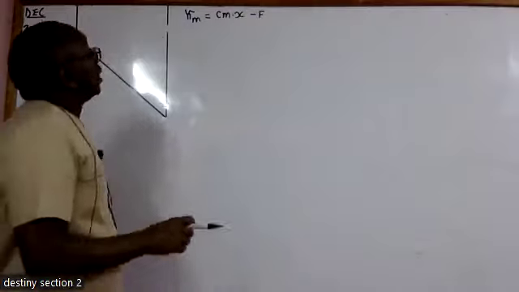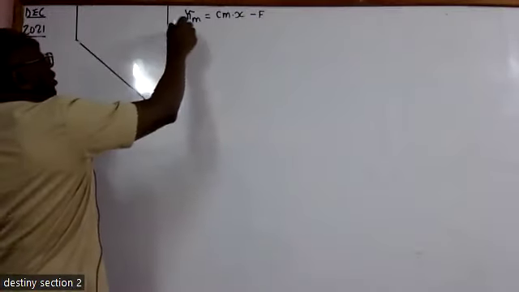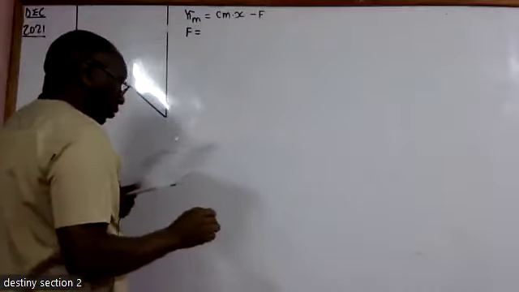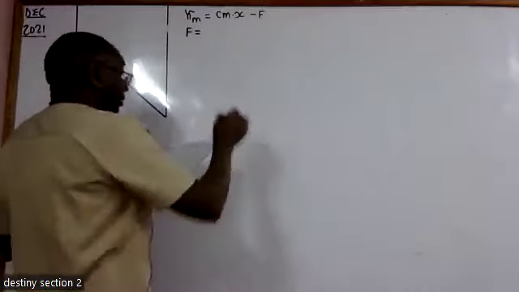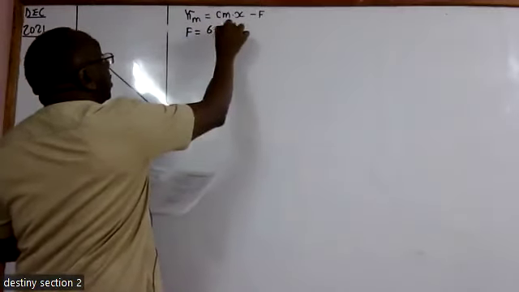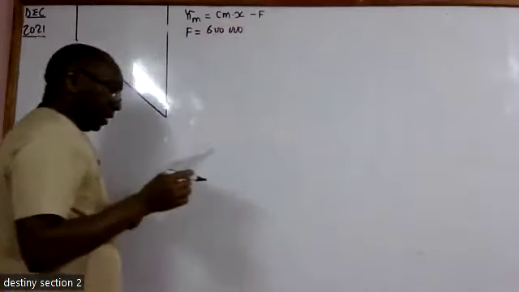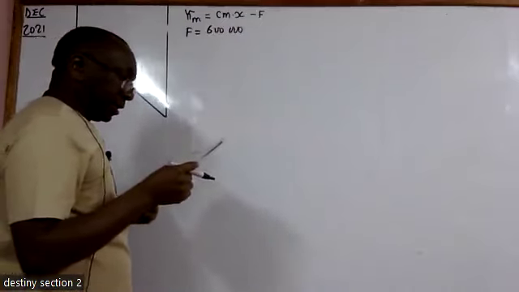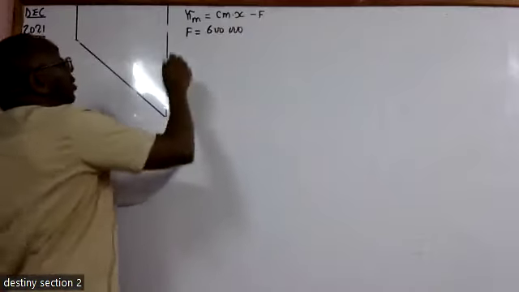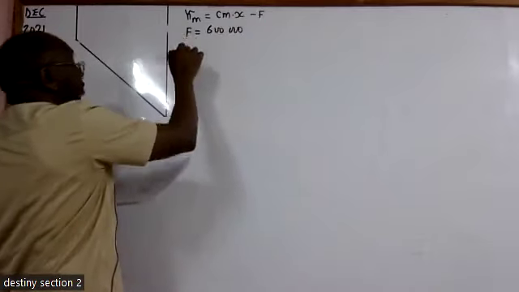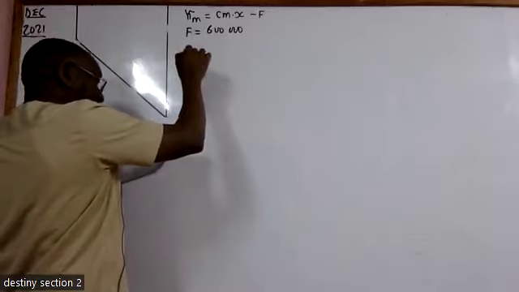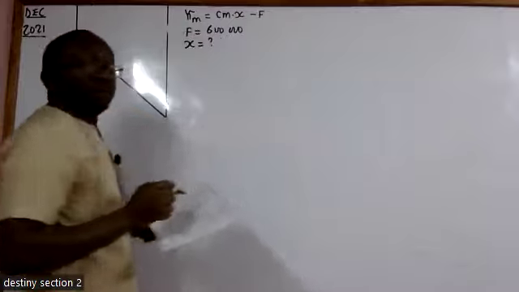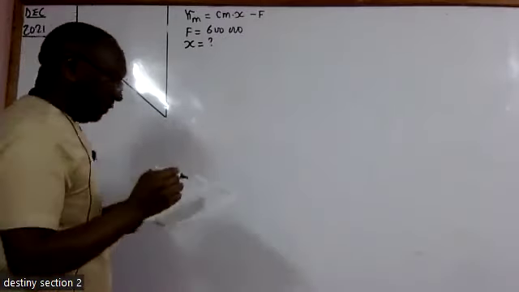So now, in this question, our F is the fixed cost, which we are told is 600,000. Then the units, we do not know X. X is the one that we are looking for.